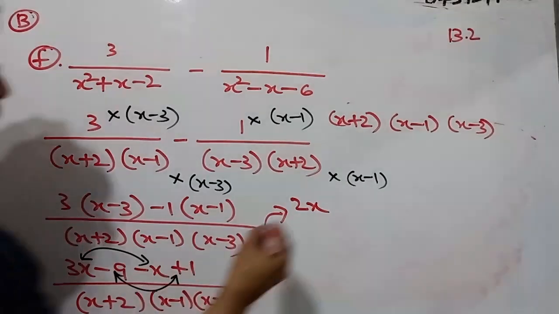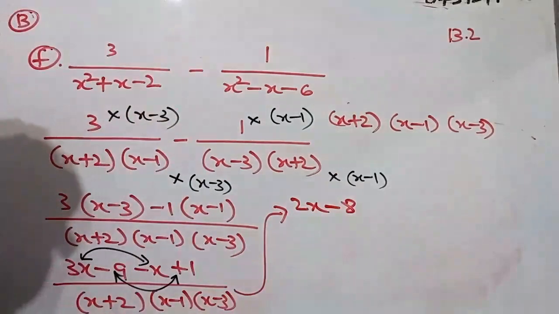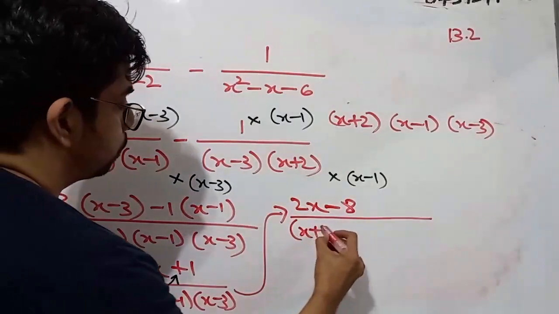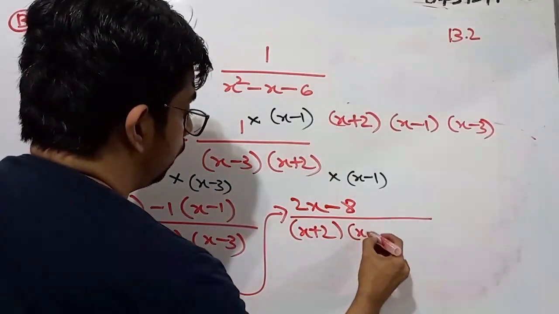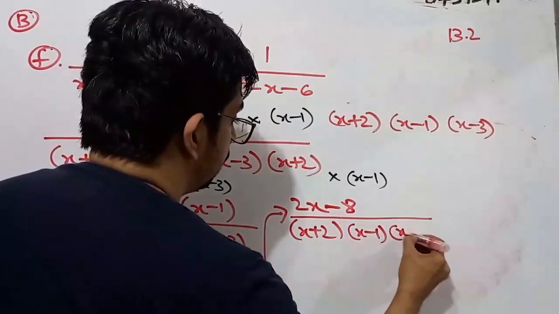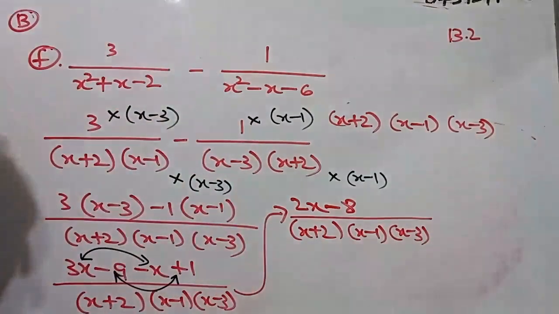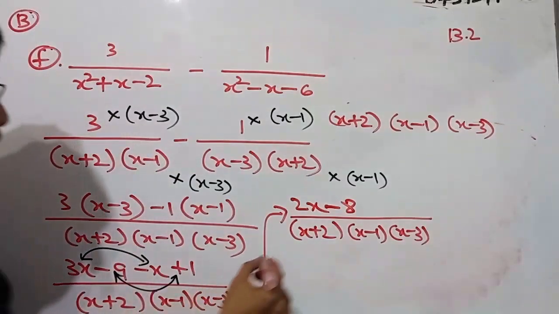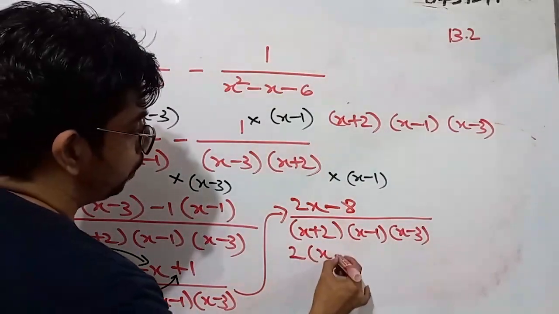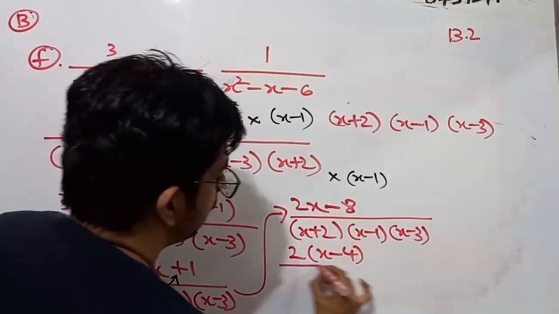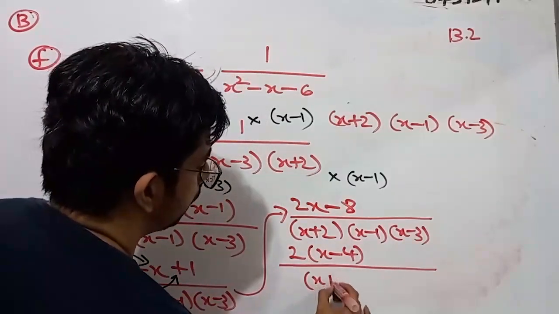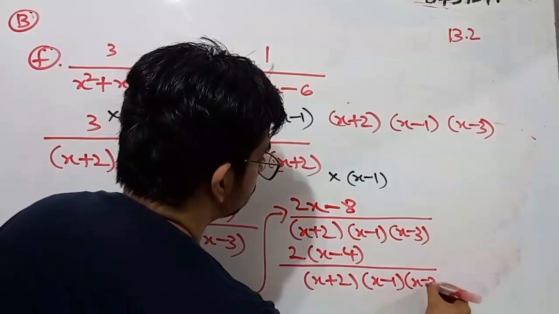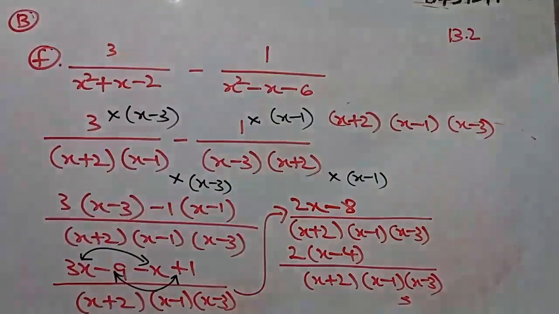So what should be the outcome? Minus 8. Then we can divide this by x plus 2, x minus 1 and x minus 3. So as you can see here we can do some factorization also. So 2 into x minus 4, entire expression divided by x plus 2, x minus 1 and x minus 3. So this should be the answer.